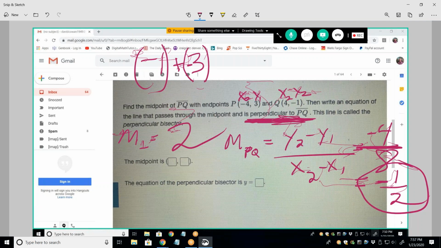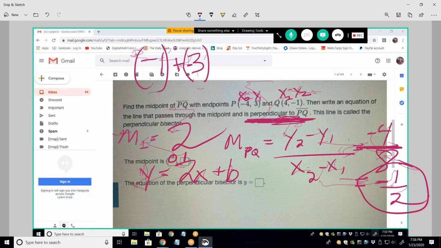So now that we have the slope, we know that y equals 2x plus b. Right? And we wanted to go through the midpoint. So where was the midpoint? The midpoint was at 0, 1. Correct?